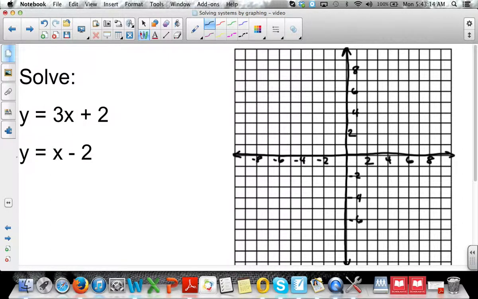So remember how to graph. For 3x plus 2, I draw the 2, and then my slope is 3. That's my one equation, and my second one goes through negative 2, and the slope is 1.